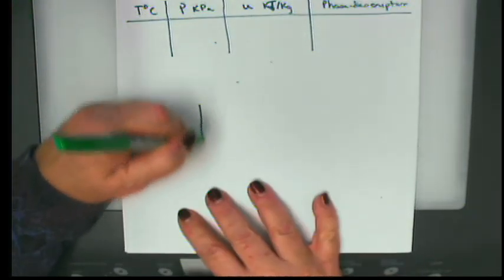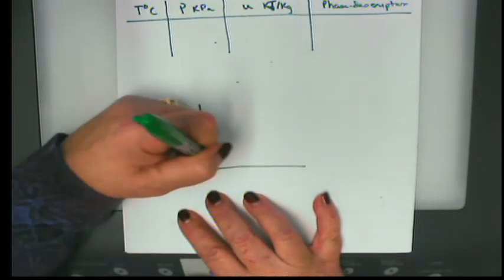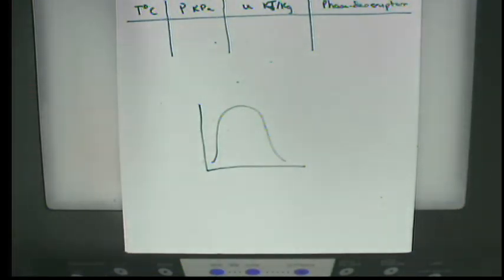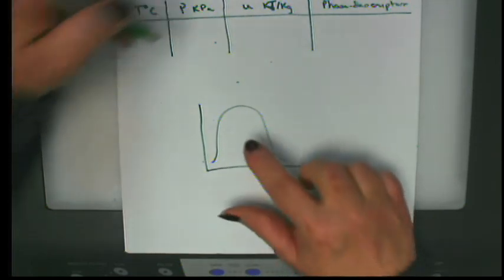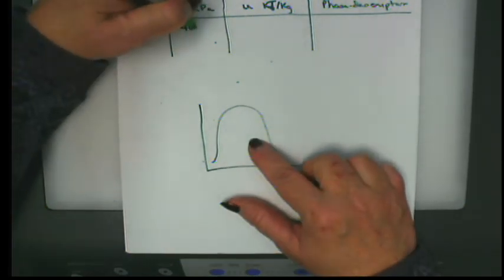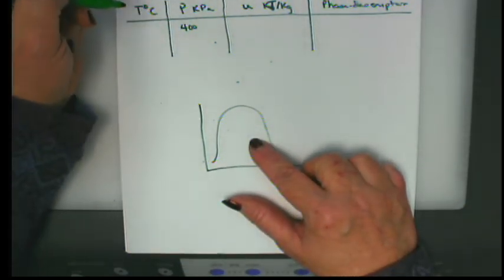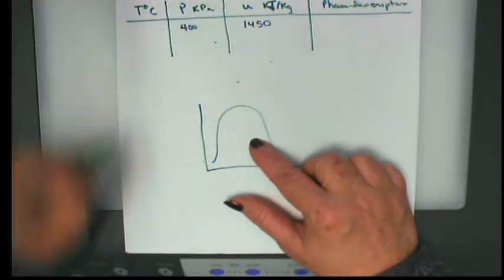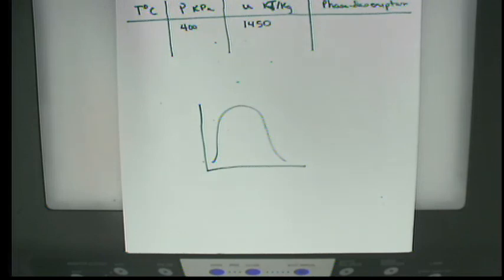And we always have to go back to this idea of our two-phase diagram, okay? And I'll refer to that as we go forward. All right, the first one, we have a pressure of 400 kPa and an internal energy of 1,450 kilojoules per kilogram. Let's just start right there. All right, so we want to find the temperature and we want to find the phase description.